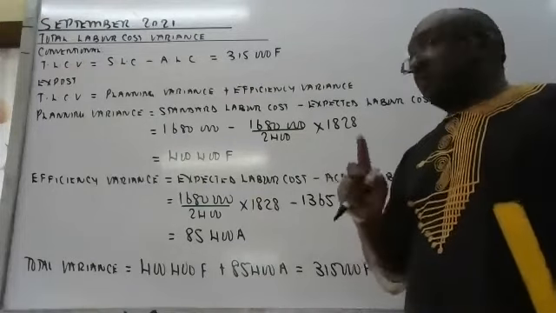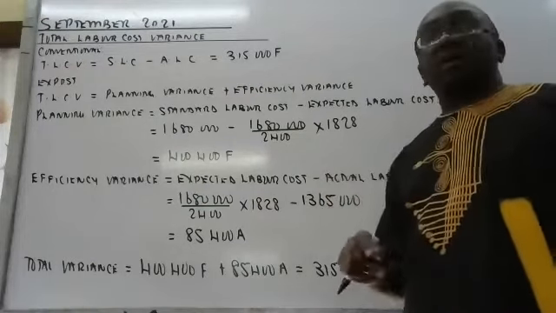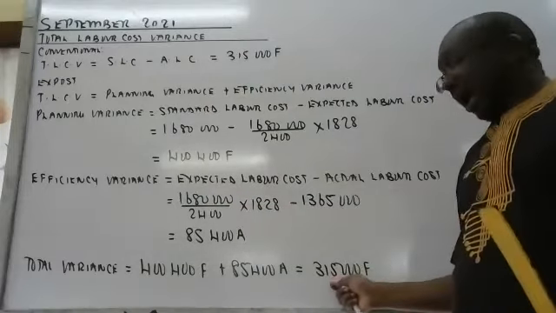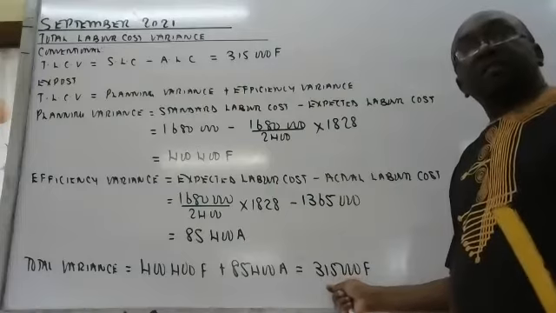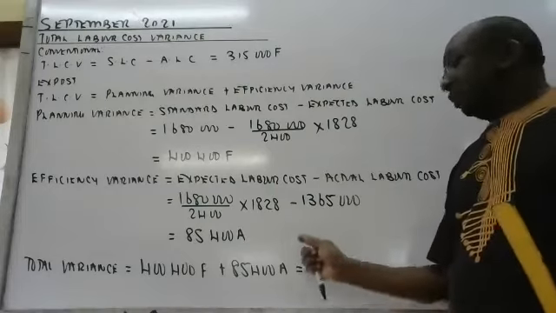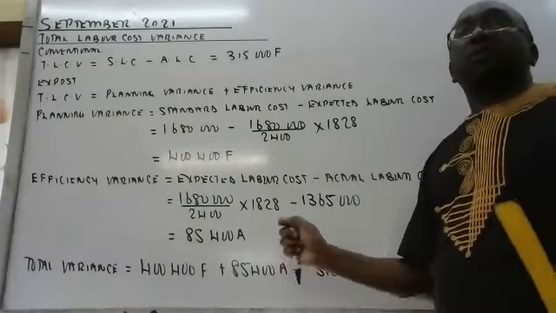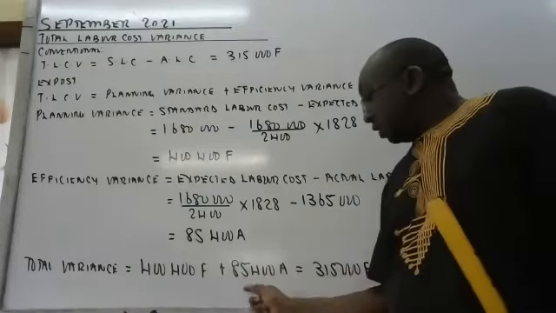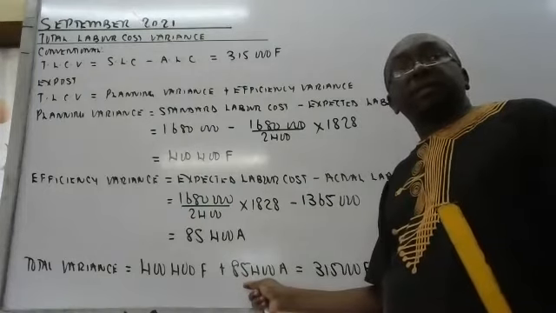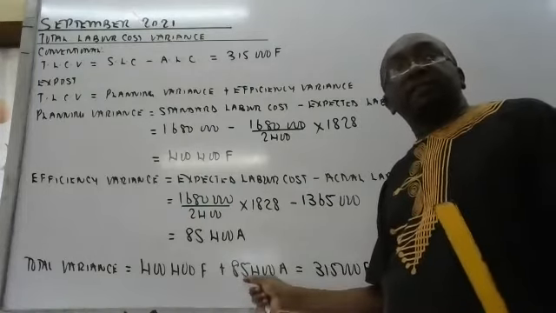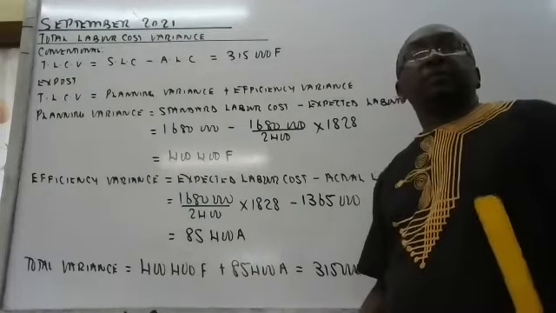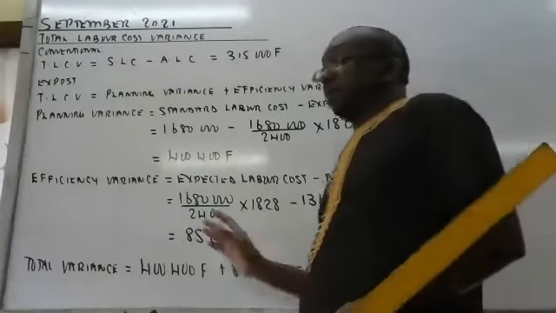Any manager who was relying on the conventional variance would have rewarded this guy because he reported 315,000. But in actual case, he should have been punished because what was within his control, he reported an adverse. You see that? He reported an adverse, so he should have been punished. So I think that is clear now.